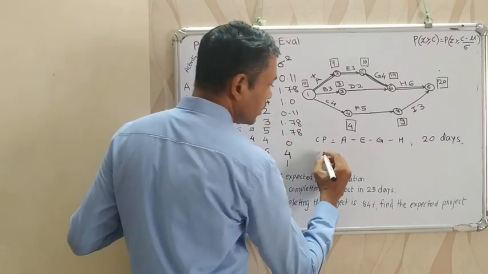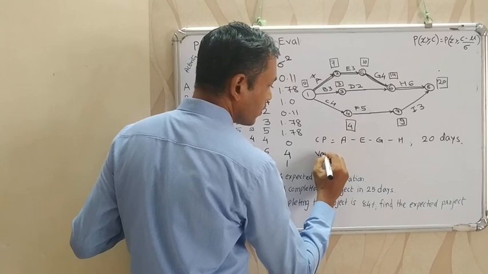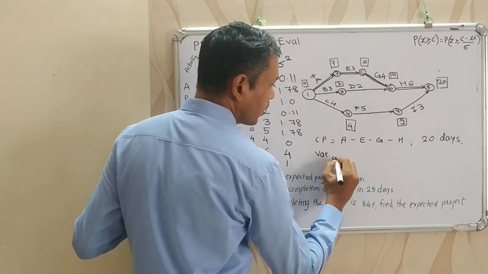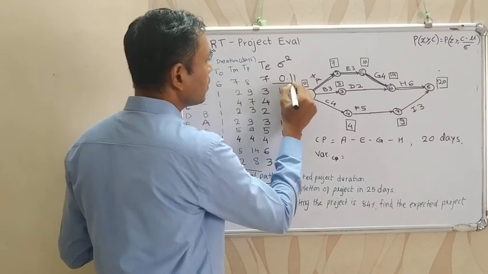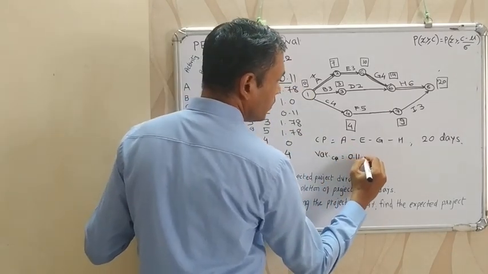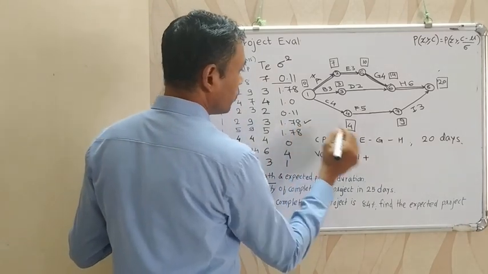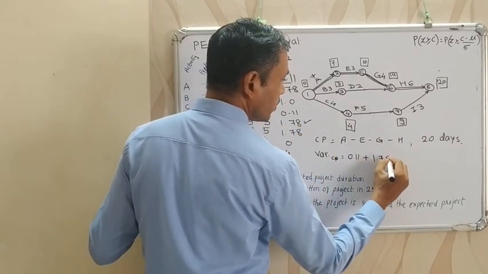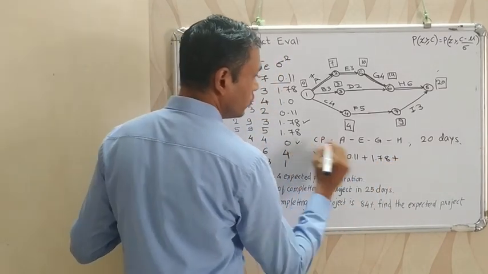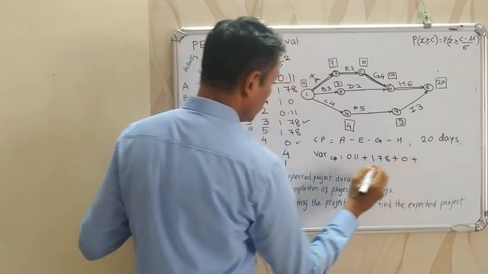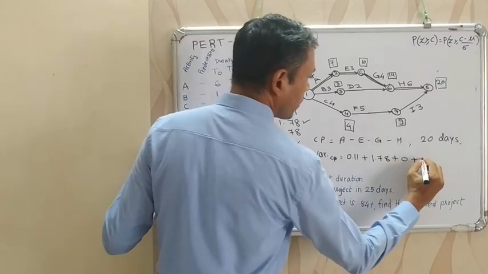So standard deviation sigma. First let's calculate the variance of the critical path. The variance of activity A is 0.11, plus variance of activity E, that is 1.78, plus variance of activity G, that is 0, plus variance of activity H, that is 4.